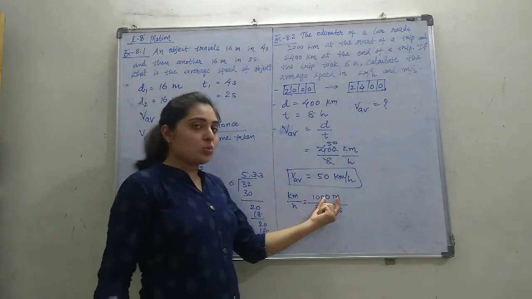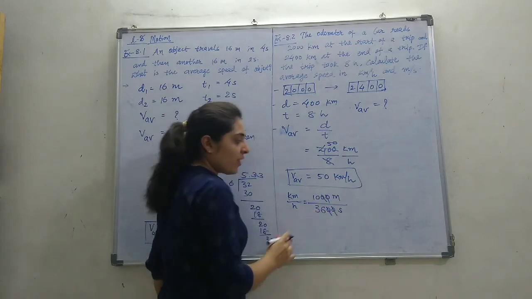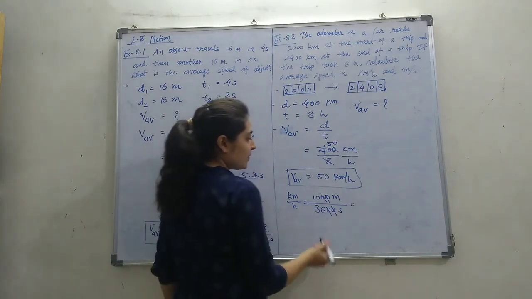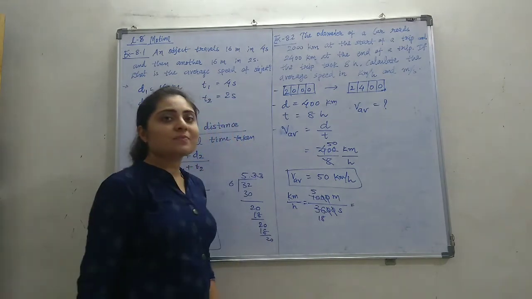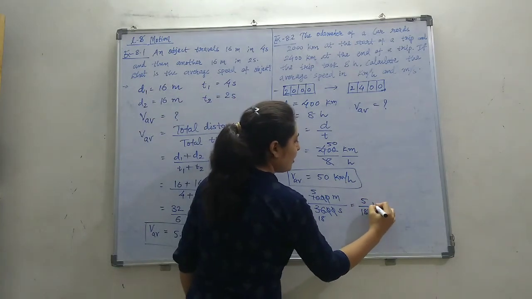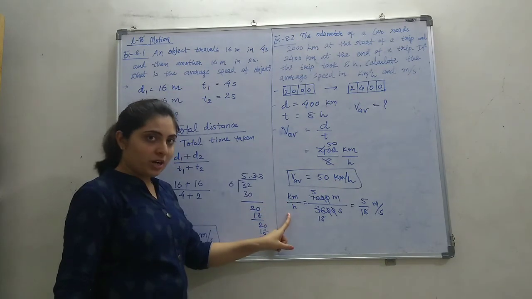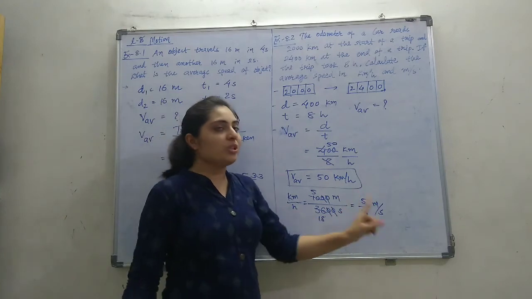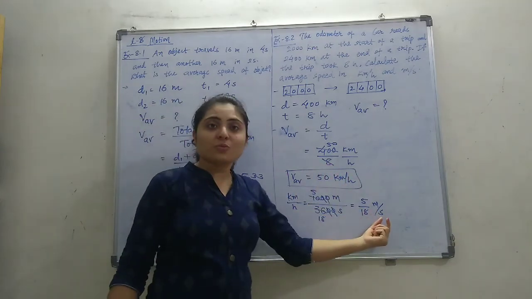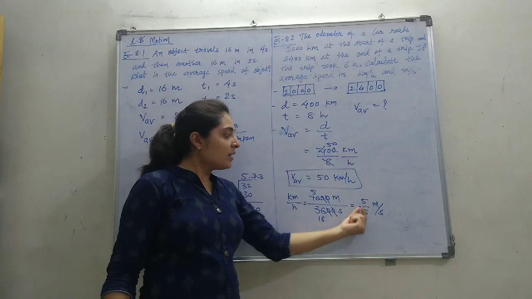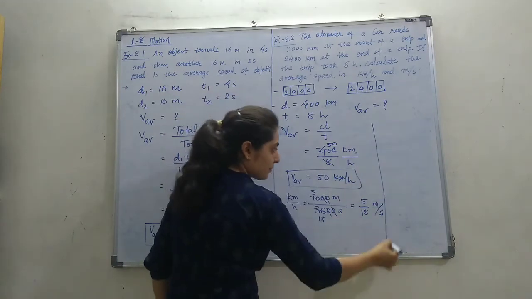So 1 kilometer is 1000 meter and 1 hour is 3600 seconds. Let us simplify this: 10 upon 36. Can we cut this? Yes. 5 2s are 10, 18 2s are 36. So 5 upon 18 meter per second. That means 1 kilometer per hour is equal to 5 upon 18 meter per second. So to convert kilometer per hour to meter per second, we multiply with 5 upon 18. And you know how it comes, right?